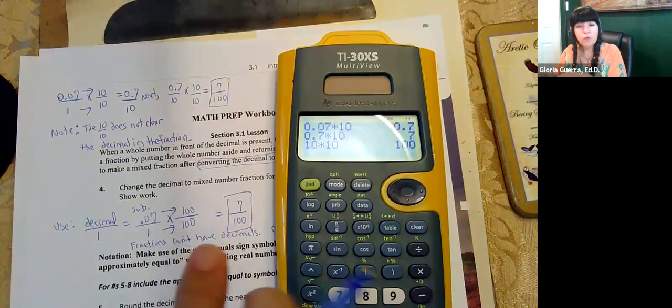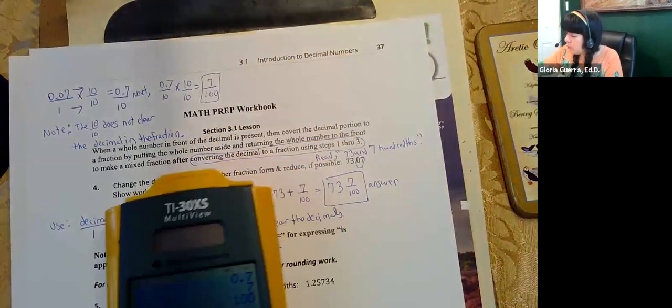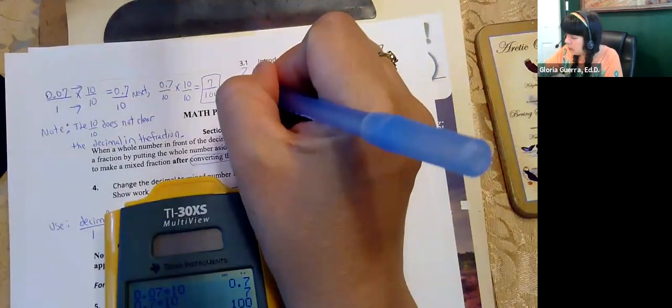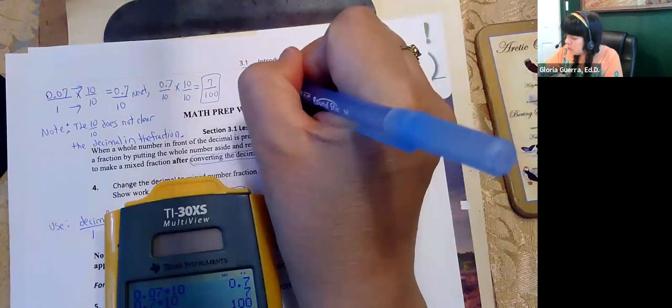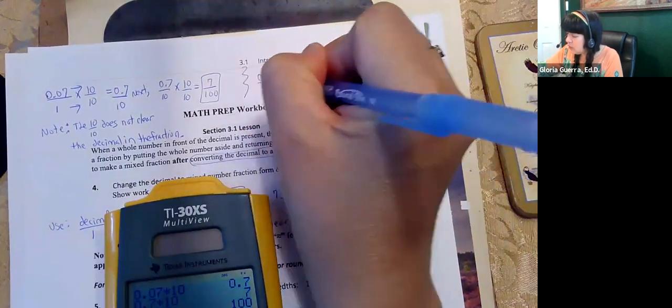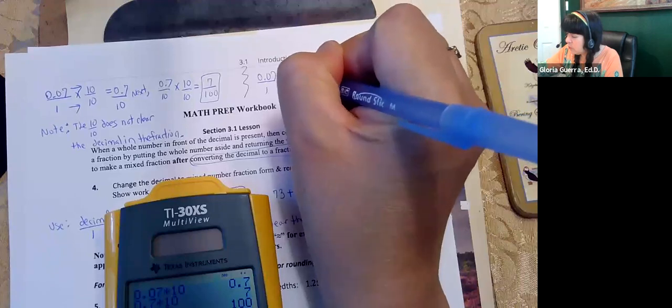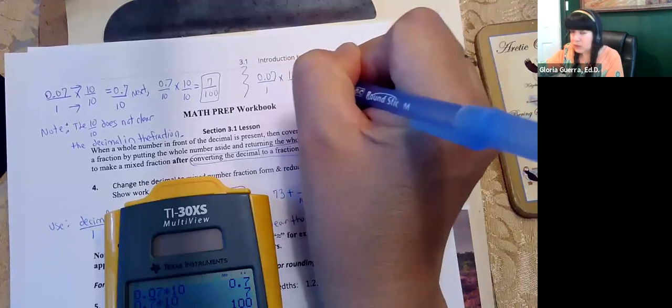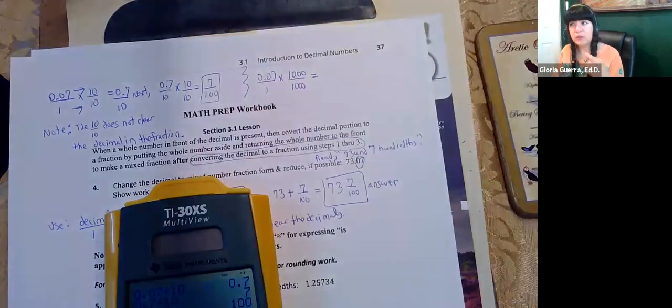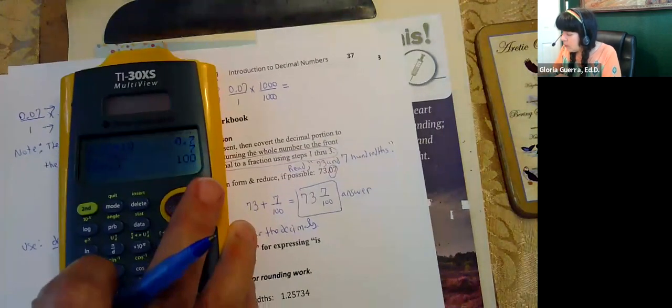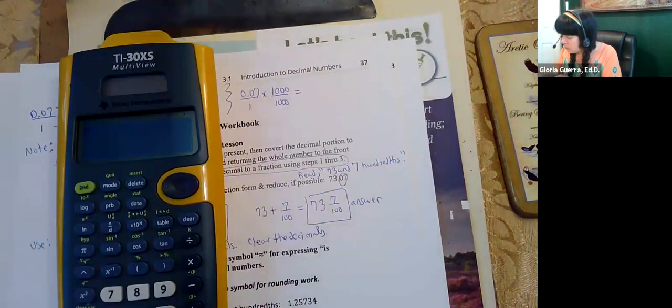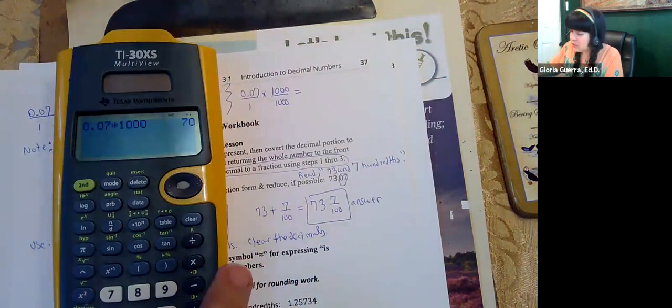If you go overboard and use 0.07 over 1, if you use the 1,000 over 1,000, that also creates an extra step because I think you'd have to do an extra reduction. So if you do this, you'd have 0.07 times 1,000, which is 70.